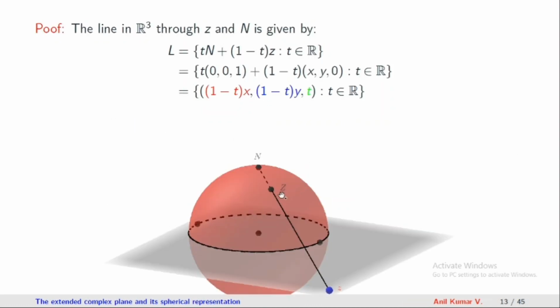And observe that here capital Z is a point on this line. So this capital Z is the point (x1, x2, x3). So (x1, x2, x3) is equal to ((1 minus t) x, (1 minus t) y, t).